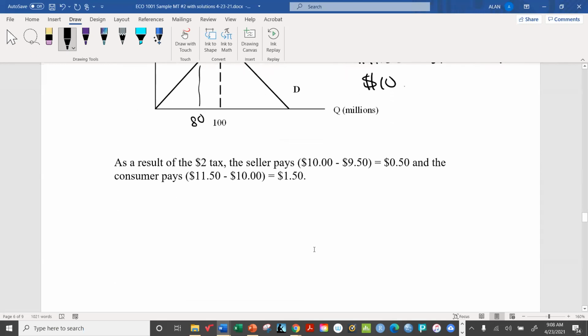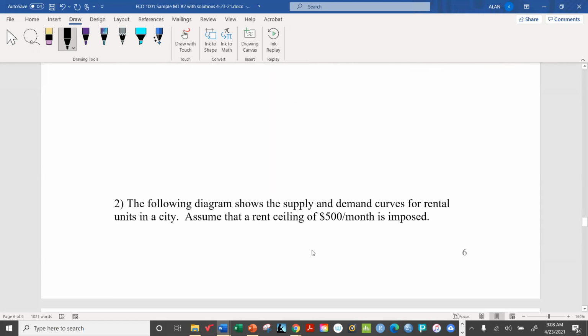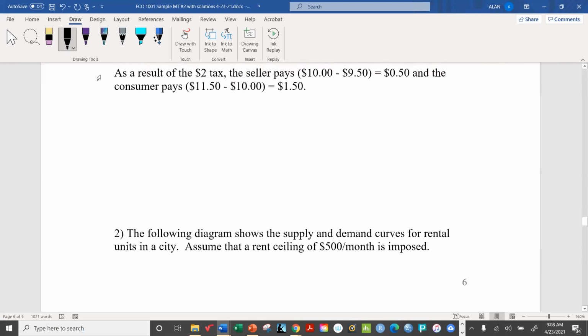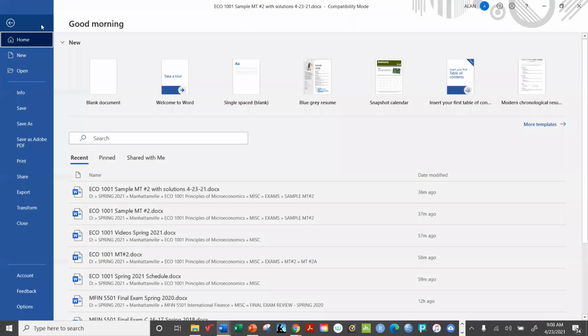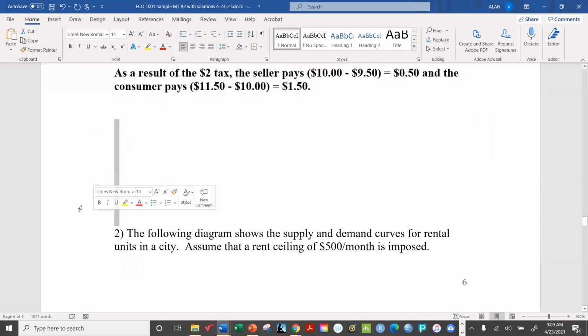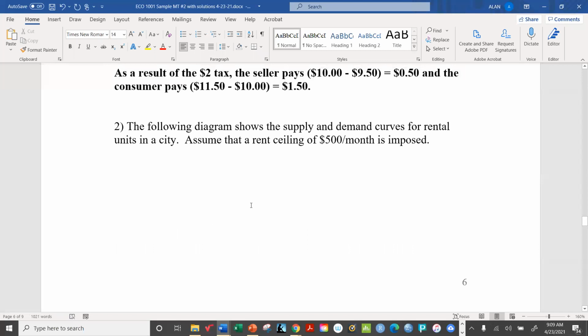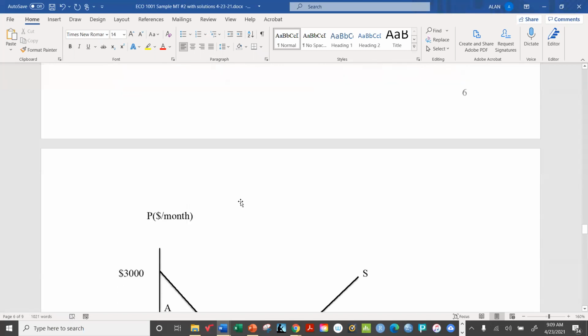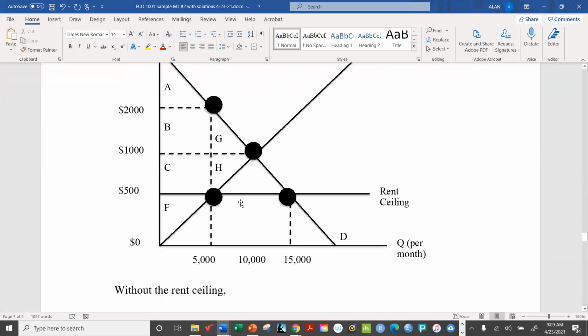Okay, now let's go down to the next one. So we've got another diagram. A rent ceiling is imposed of $500 a month.